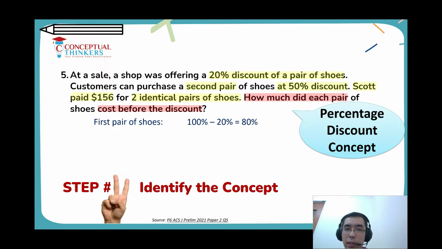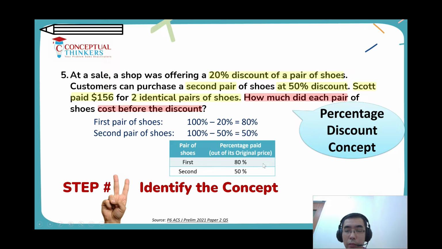So that means that Scott actually paid 80% out of the original price for the first pair of shoe. For the second pair of shoe, it will be 50% because the second pair of shoe will be at 50% discount. So this will be the information that we have for this question. So that's why we link it to percentage discount concept.